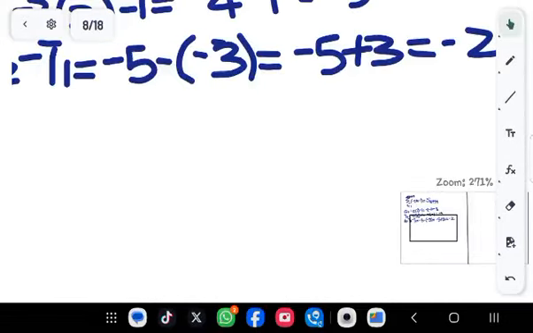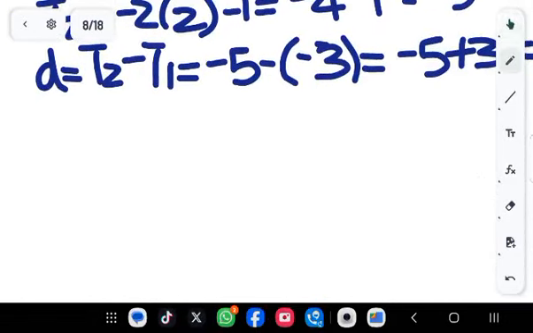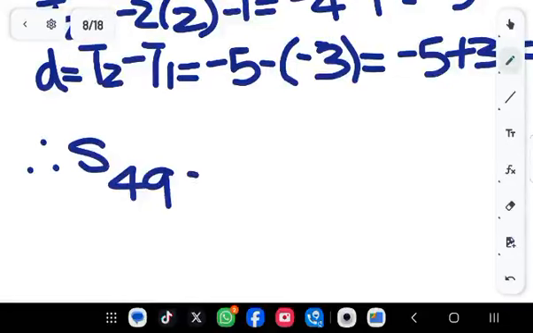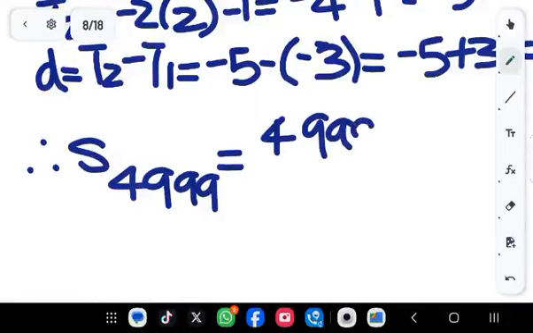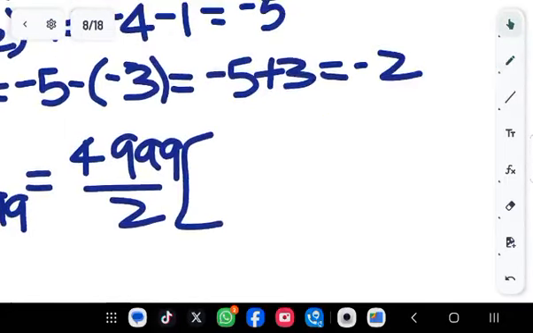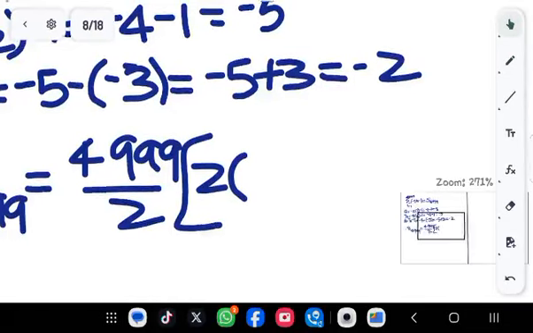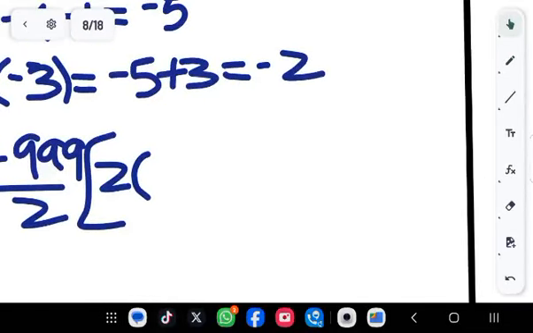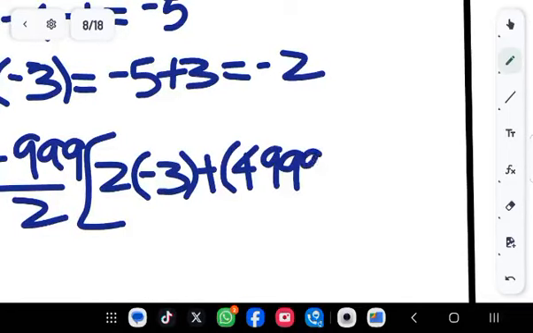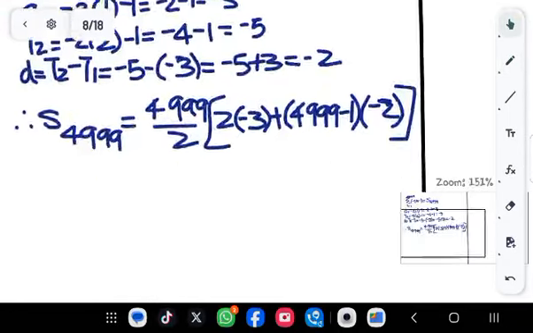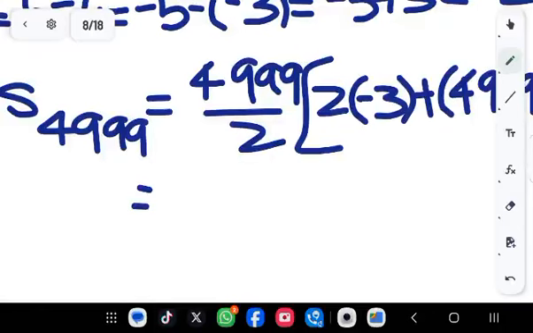Therefore, the sum of the first 4,999 terms is equal to 4,999 over 2, in bracket, 2 times the first term, which is negative 3, plus 4,999 minus 1 times the constant difference, negative 2. And now you take out a calculator, let's go.